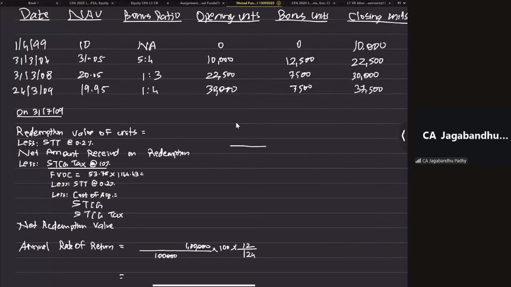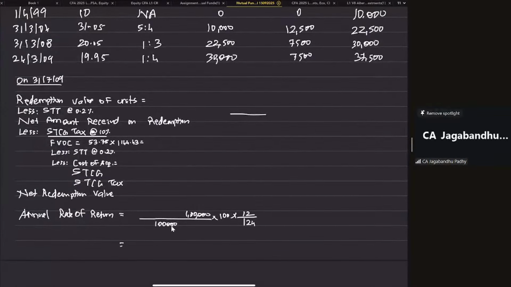So what's the annual rate of return? 71.39%. Yes. Okay. Redemption value of units, gross redemption value. Tell me what is the gross redemption value? Redemption value is after deducting STT, 8,60,026.50. No, gross redemption. That should be 8,61,750.